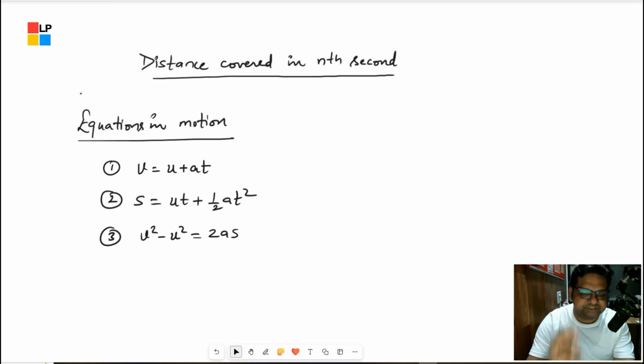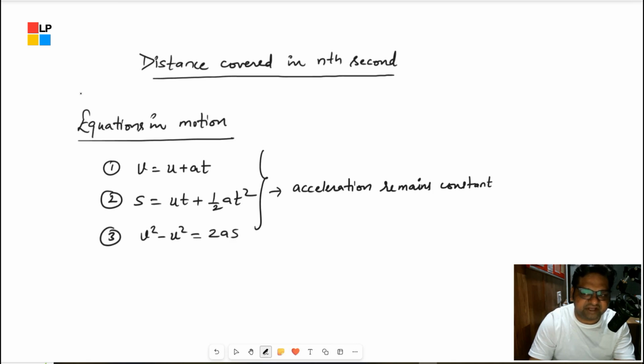So these are the three equations, and in these three equations, if you carefully observed, the acceleration was constant. The acceleration remains constant. That means there is a change in initial and final velocity throughout the motion, but the acceleration remains constant. That means there is a constant change coming in the velocity, right?